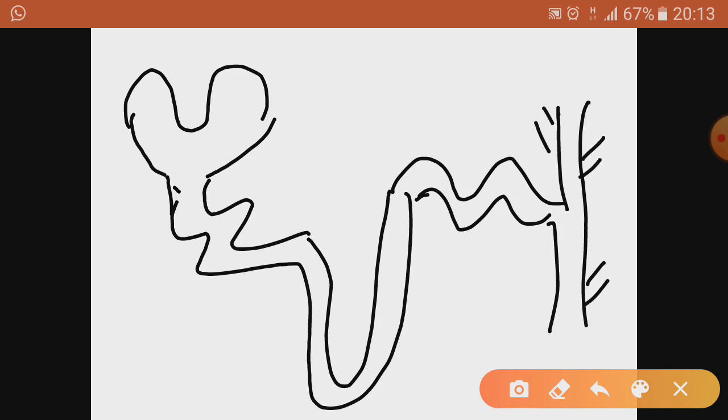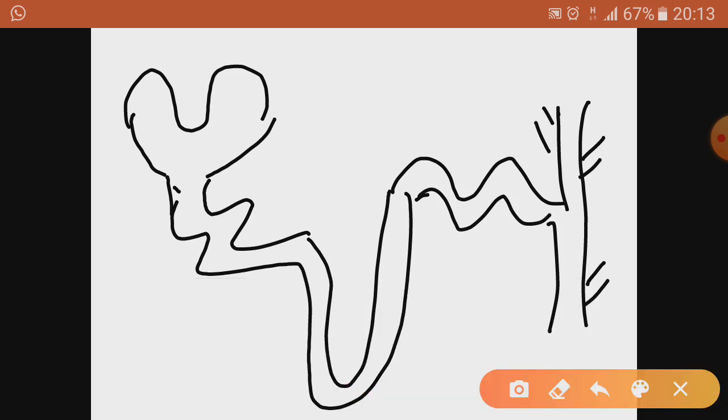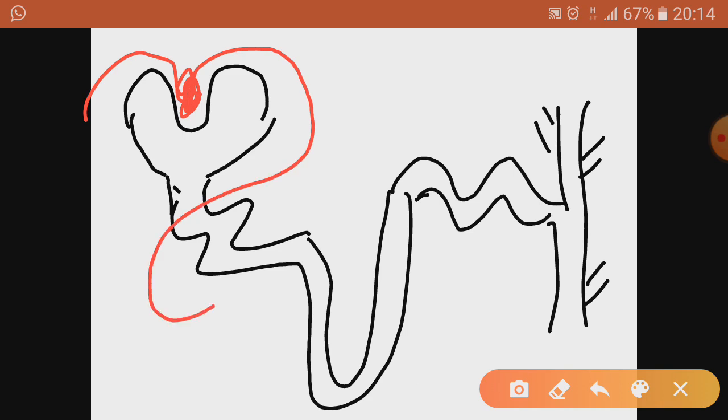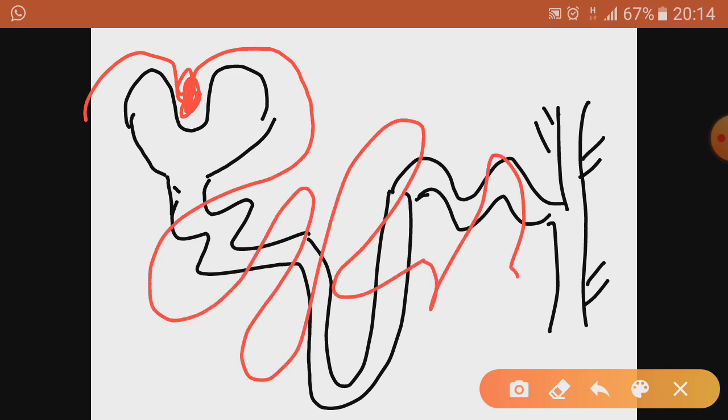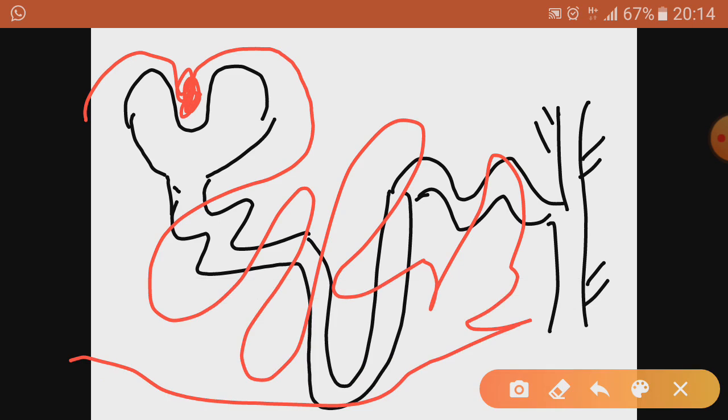This is the nephron, and nephrons are the structural and functional unit of kidneys. They receive the blood, because blood has nitrogenous waste, and the blood just covers the whole nephron like this. Okay, so now we will try to label this. This network of blood capillaries is called glomerulus.